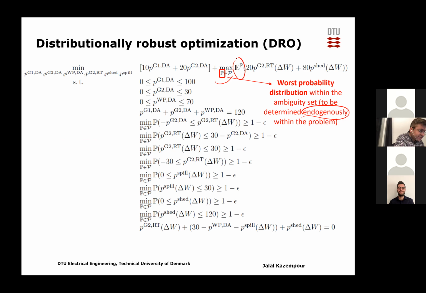For the worst distribution, now we optimize an expectation. As you see, this P is the same as this P. So for the worst distribution, we optimize an expectation. Is it clear? Or is it complex?